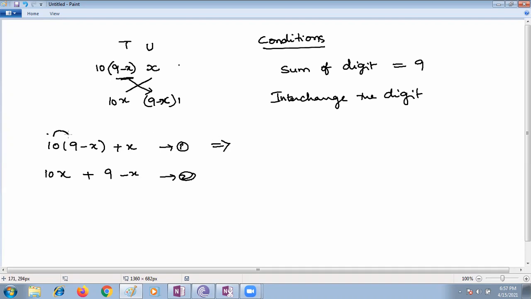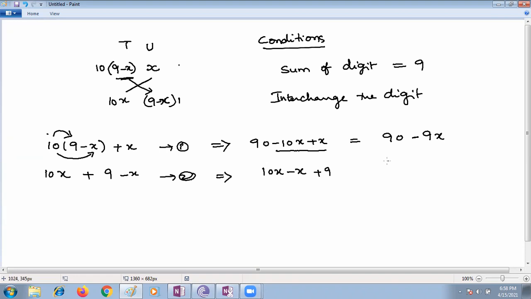The 10 outside the bracket is applicable to both numbers inside the bracket: 90 minus 10x plus x. The other one is 10x minus x plus 9, which is 9x plus 9. Minus 10x plus x together, how much, children?